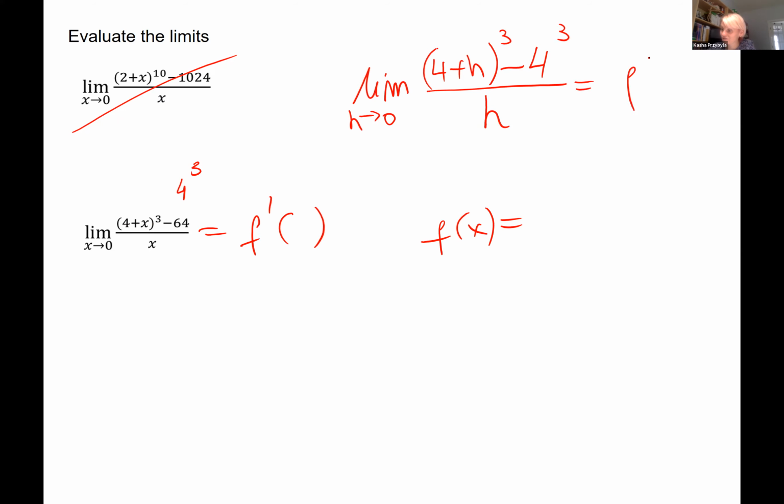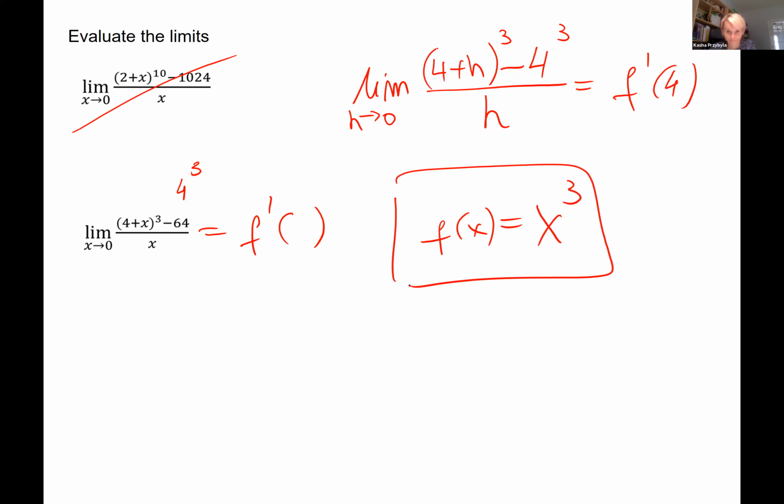Yeah, it's the derivative of the function at 4, and the function is simply x cubed. We may expand this and simplify, but just in case, make sure that you know how to get through the derivative. That means, what is the derivative of x cubed?